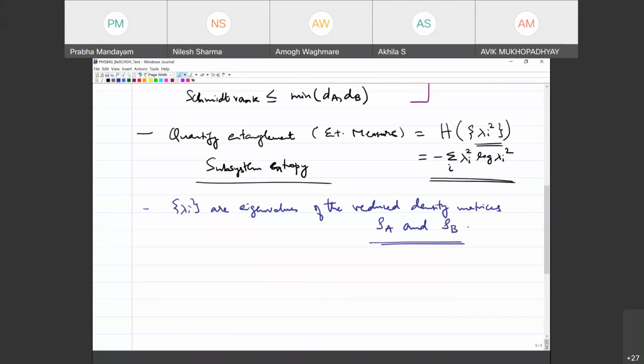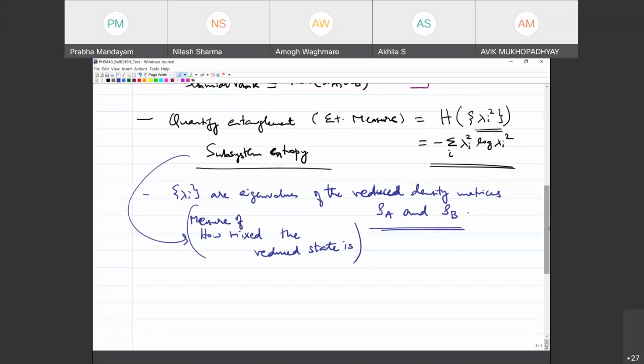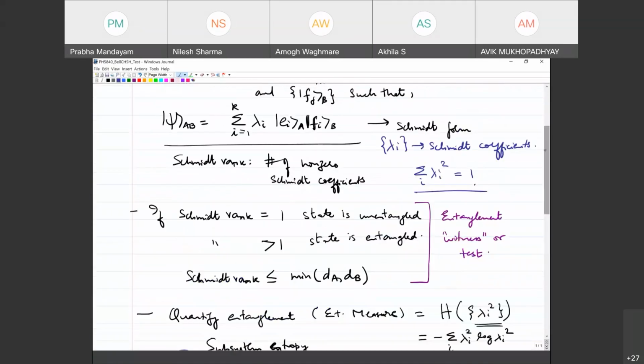And so this subsystem entropy basically tells you how mixed the reduced state is. So the more mixed the reduced state is, the more entangled is the bipartite state, right? Okay, so this sort of recaps and summarizes everything about the Schmidt decomposition. Any questions, please ask me.